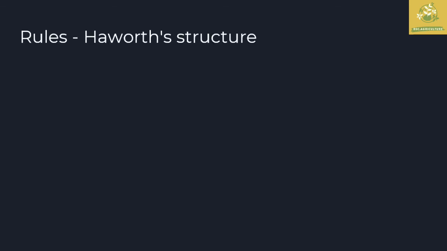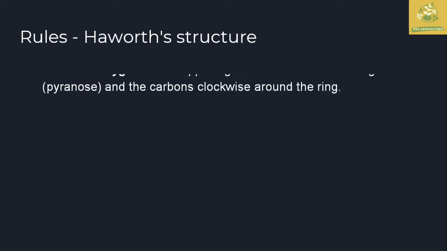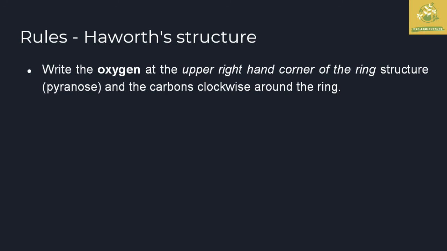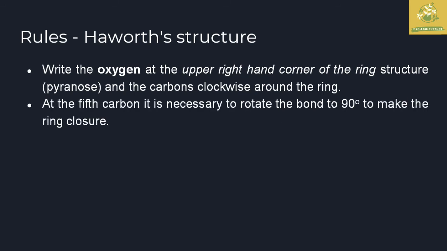While referring to the anomers, the rules for the Haworth structure are that the oxygen is at the upper right hand side corner of the pyranose ring and the carbons close the ring in the clockwise direction. For the fifth carbon, it is necessary to rotate the bond by 90 degrees to make the ring closure.